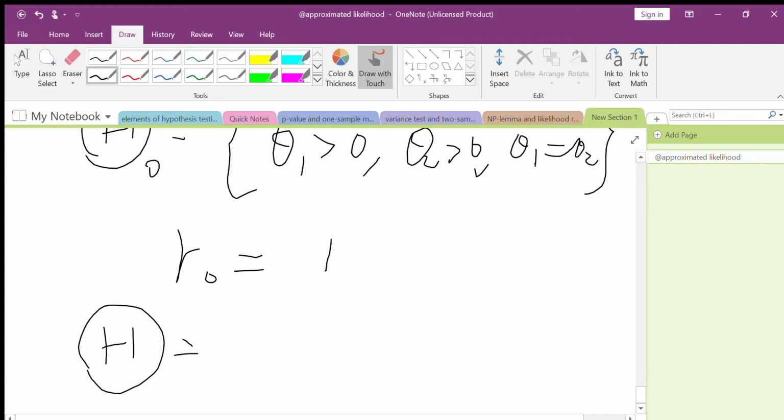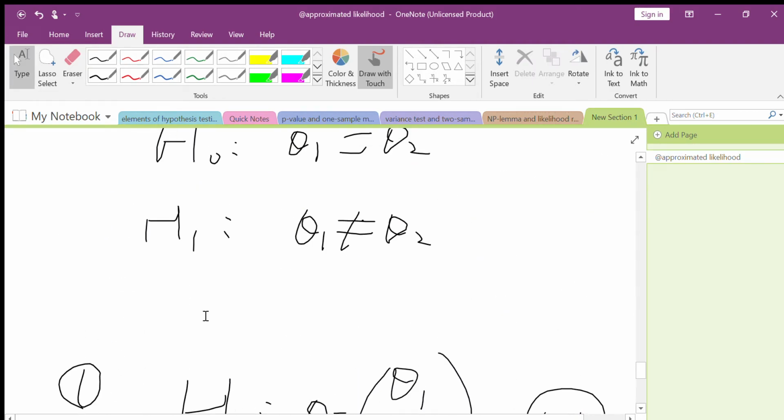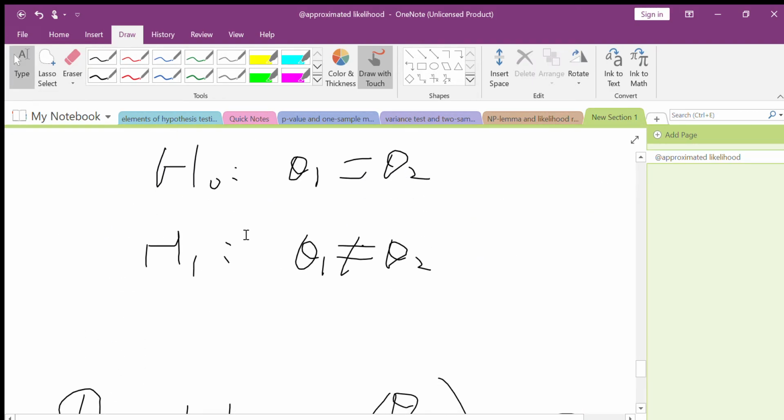So what is the global parameter space? So global parameter space is the union of null parameter space and alternative parameter space. So theta 1 equals theta 2 and alternative is theta 1 not equal to theta 2. So if we union these two parameter spaces, you see that there are no constraints on thetas.